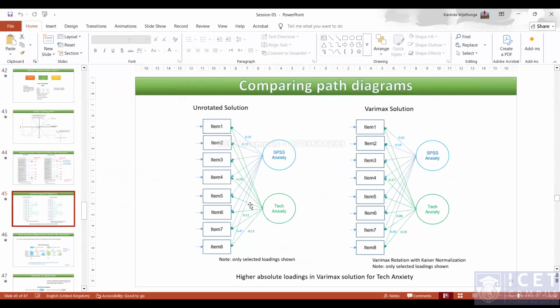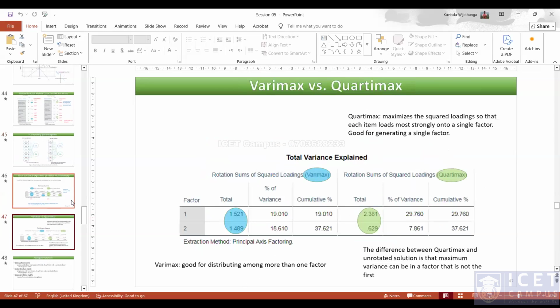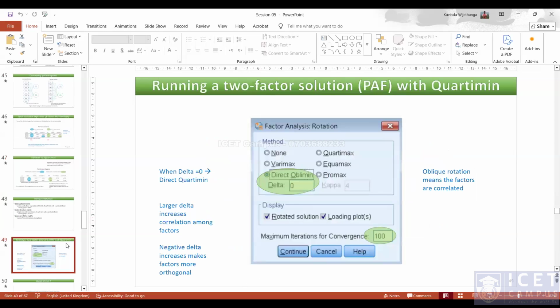And if you observe this, you can see the unrotated solution is SPSS anxiety and tech anxiety. Right. So these are the path diagrams actually.